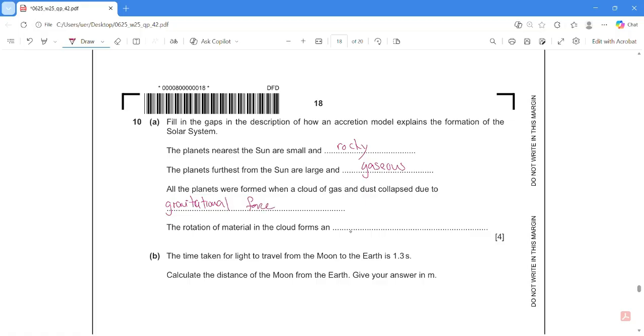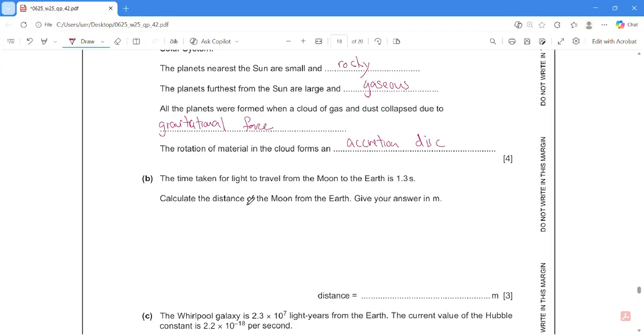They will pull together to form the star. The rotation of material in the cloud forms an accretion disk. Accretion disk is when they start rotating. They will form a disc shape.